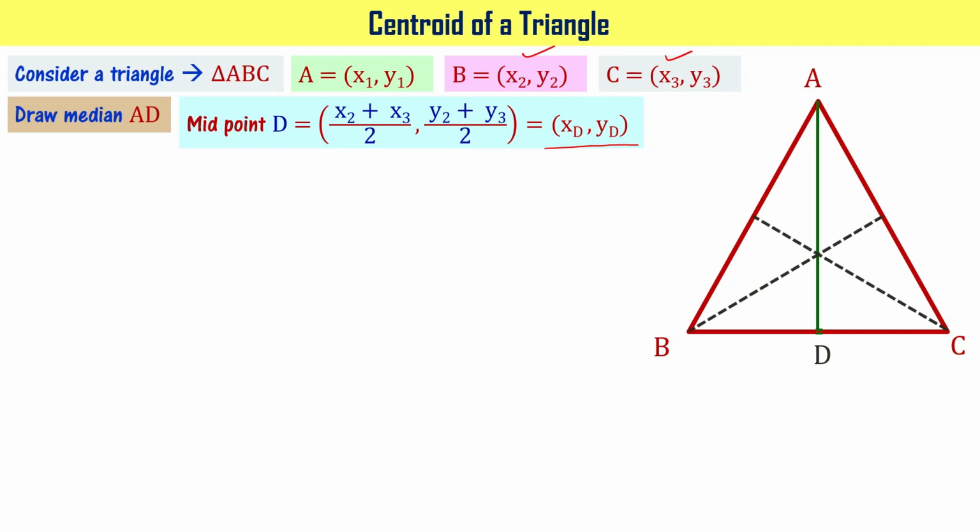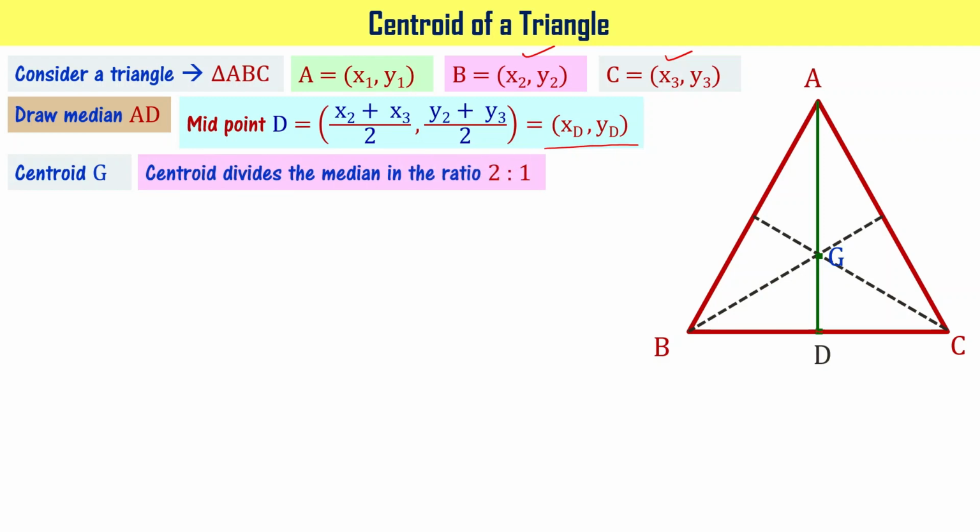Now let me draw the other medians also so that I can mark the centroid. As you see here in the figure, Z is the centroid of triangle ABC, right? Now we can find the coordinates of the centroid, and we know that the centroid divides the median in the ratio 2:1, right?